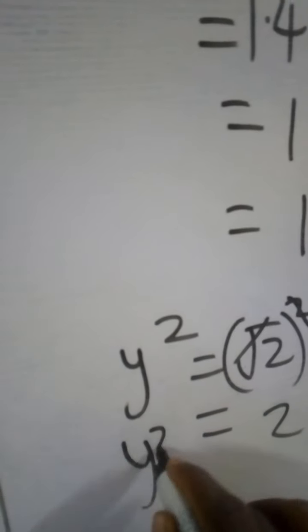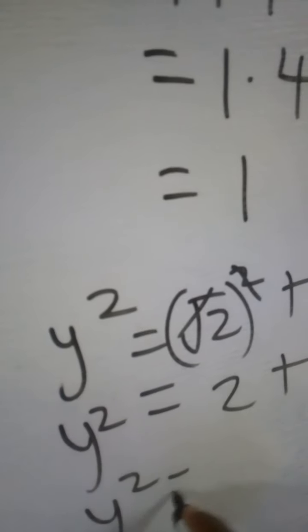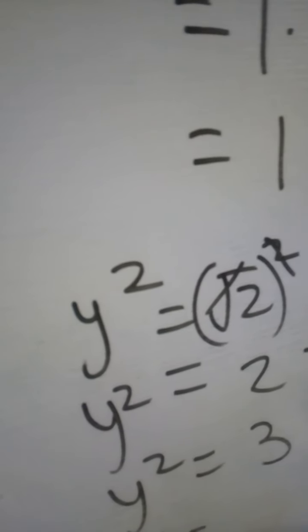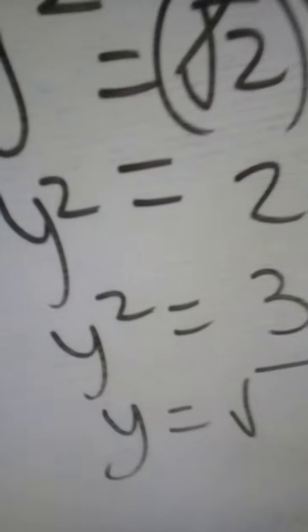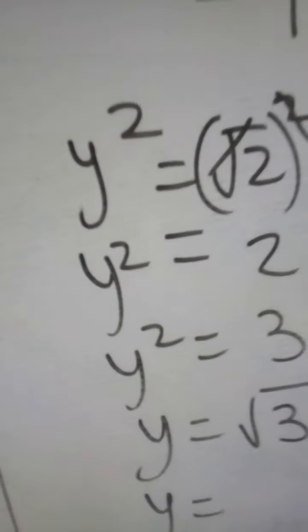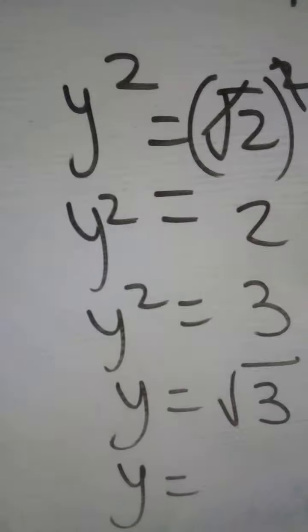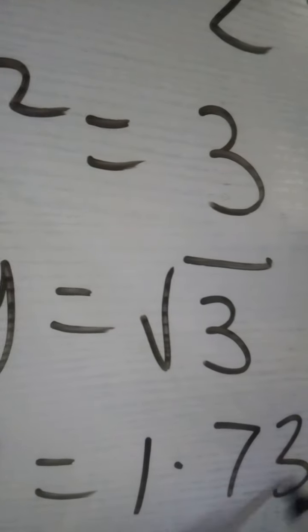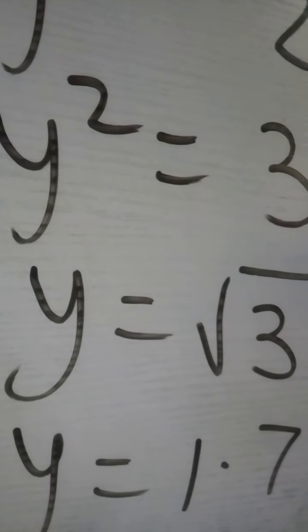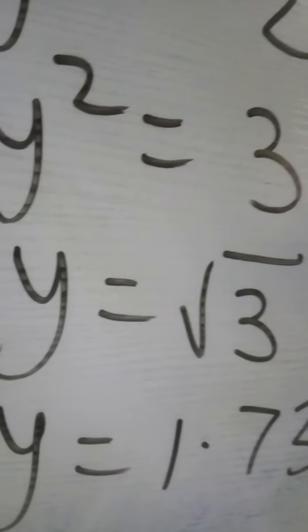And that is y squared. So we have y squared equal to 3. Then y equals the square root of 3. We need to find the square root of 3. The square root of 3 is 1.732. So approximately y equals 2.